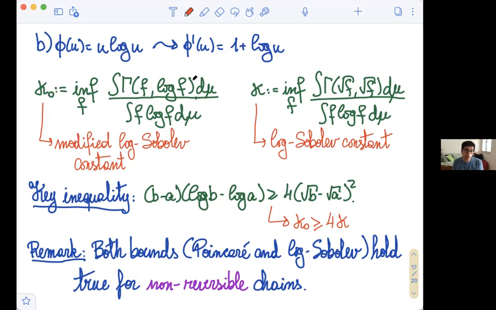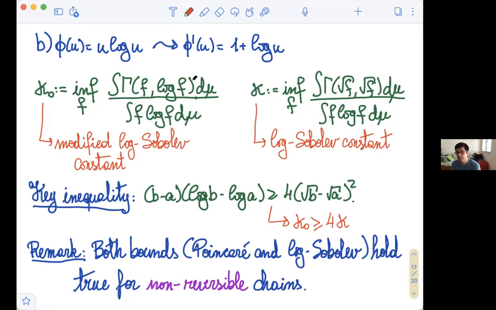And there is another constant which is more popular, because for diffusions, which means continuous Markov processes, the modified log Sobolev constant and the log Sobolev constant are the same. The log Sobolev constant k is defined as the infimum of gamma of square root of f divided by f log f.